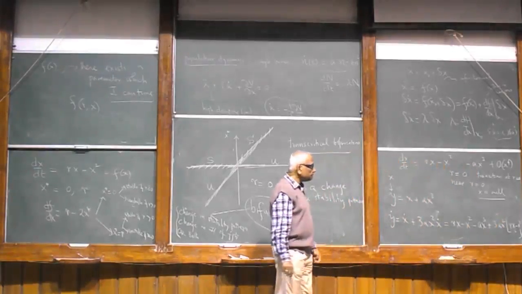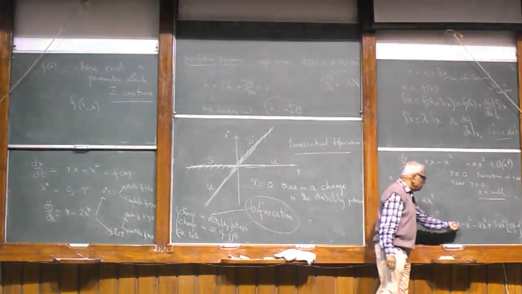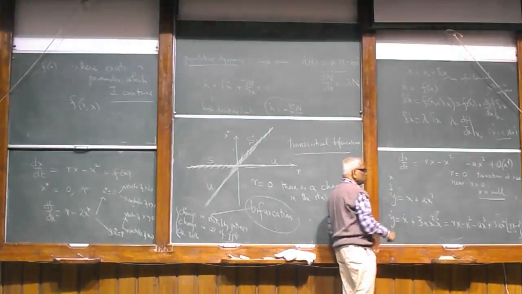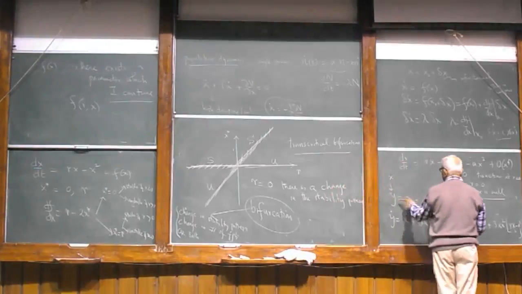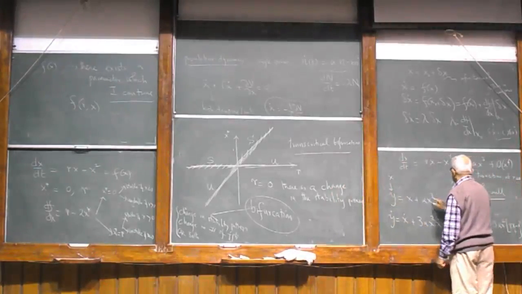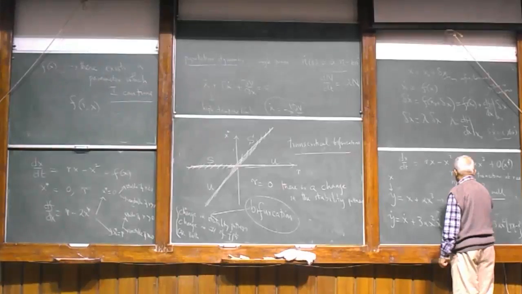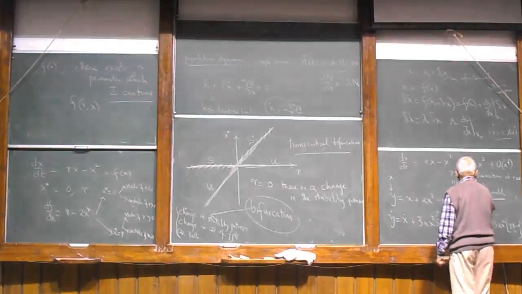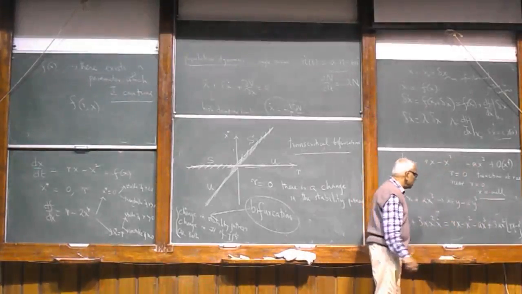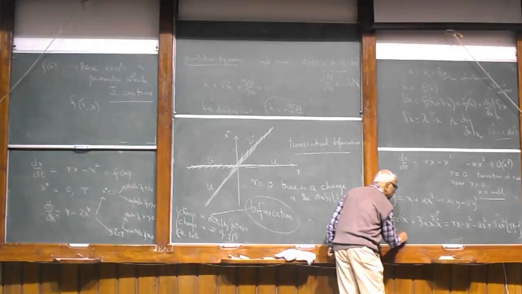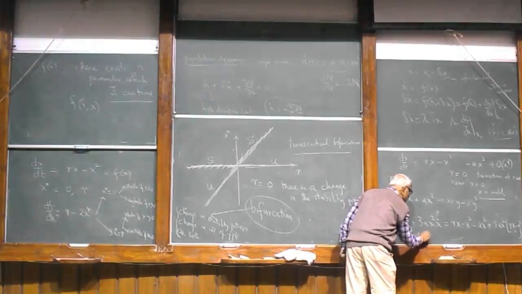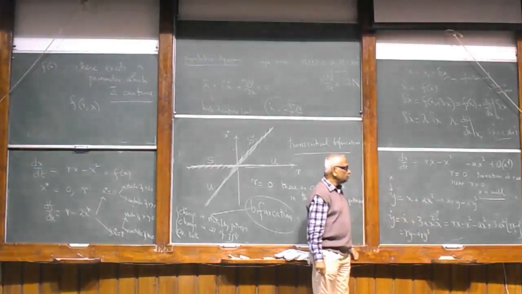And now let me invert this relation, so x equal to y minus alpha y cubed. So you go ahead and write this as ry minus alpha r y cubed.